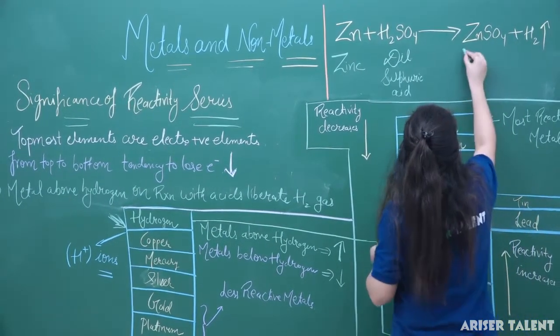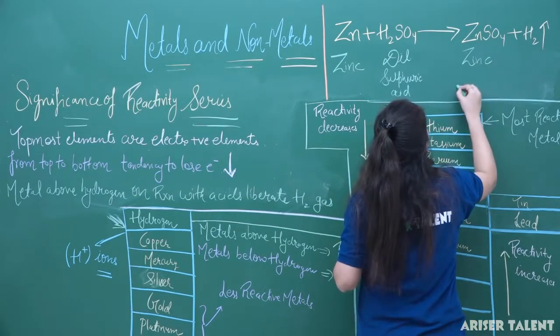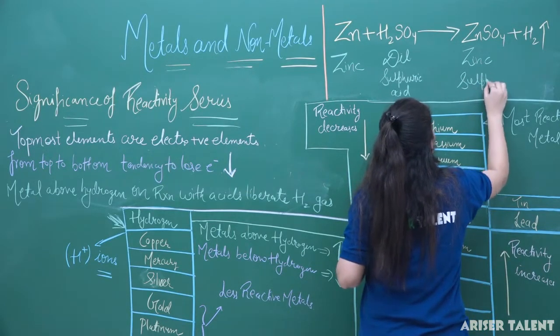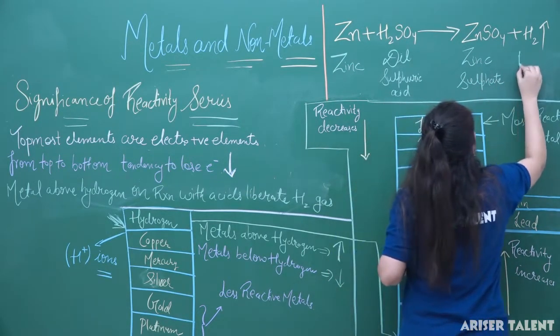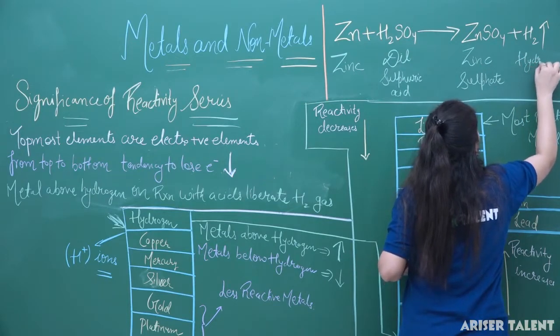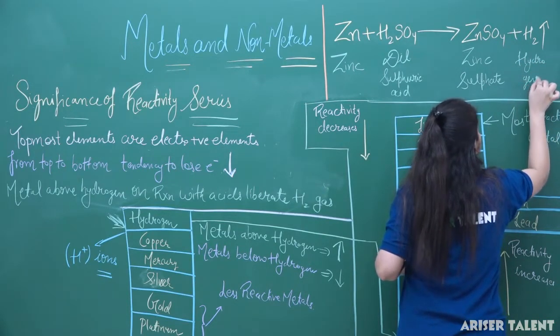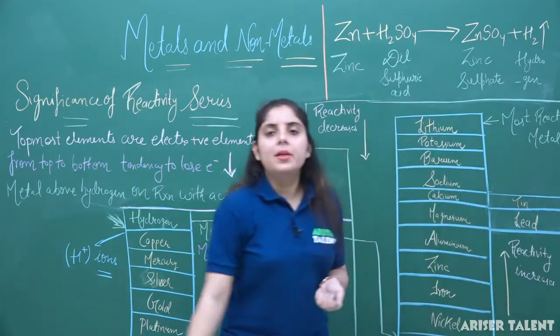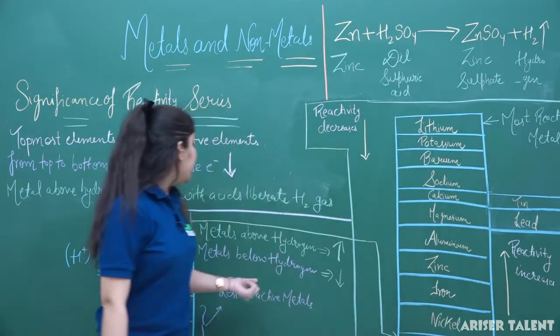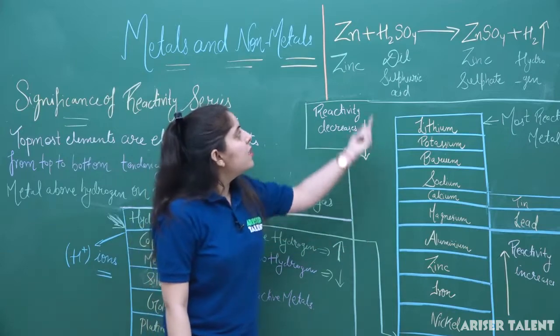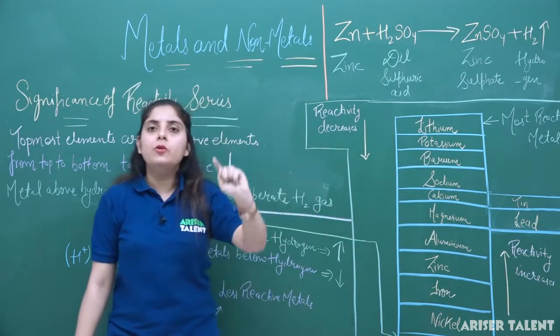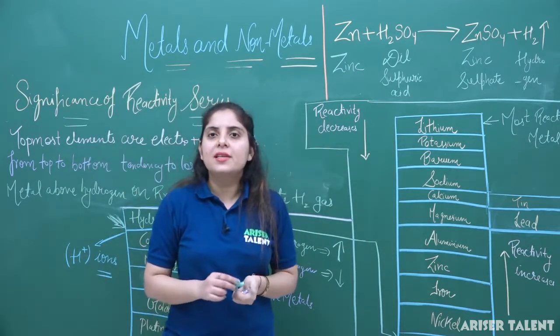So we can see that when a metal above hydrogen reacts with any dilute acid, it liberates hydrogen gas in the solution.